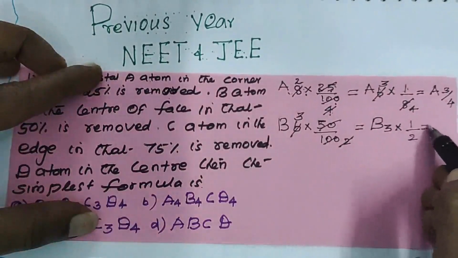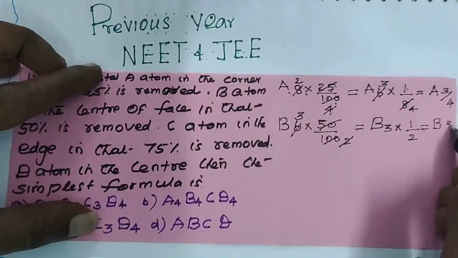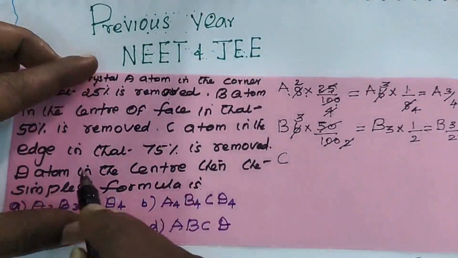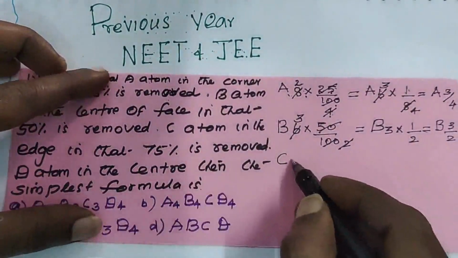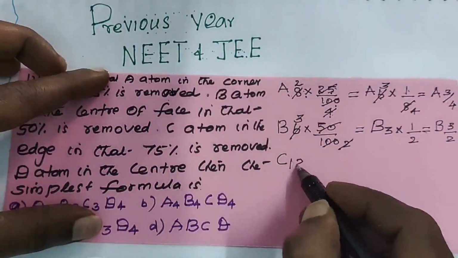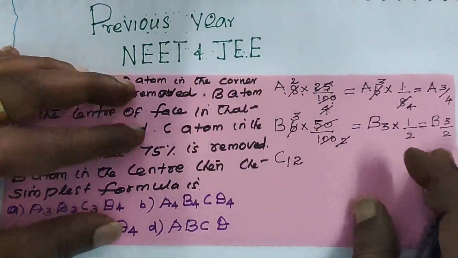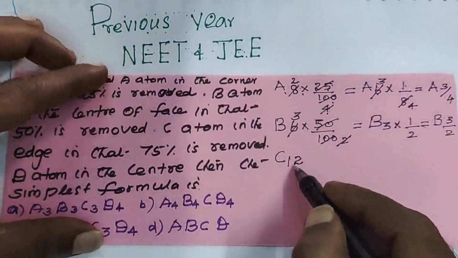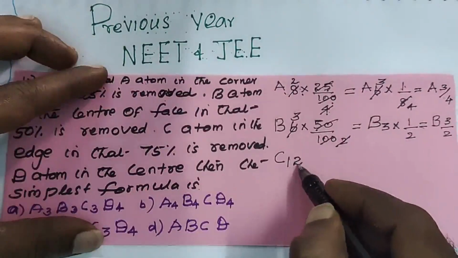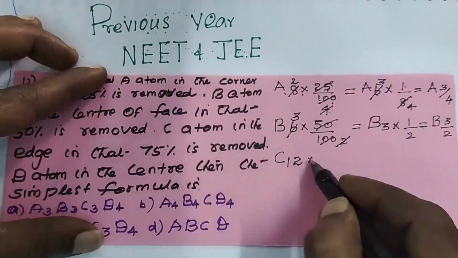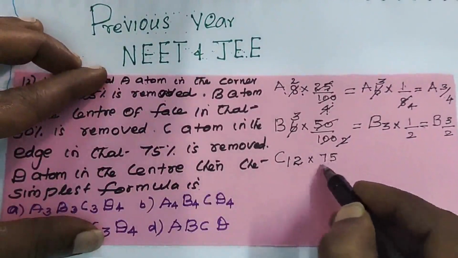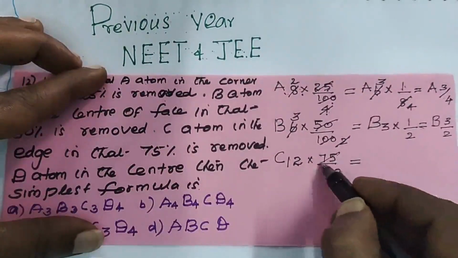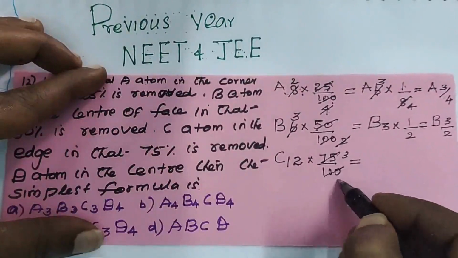So B is 3 by 2. Then C atom in the edge. Totally 12 edges are there, which was explained in the previous video. So 12 C atoms, 75% removed, 75 by 100 is 3 by 4.